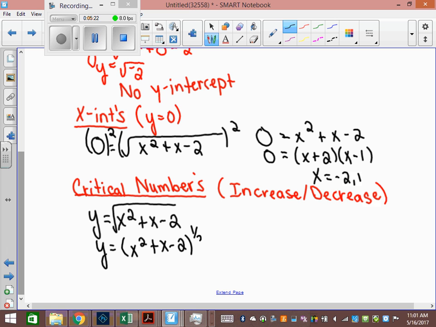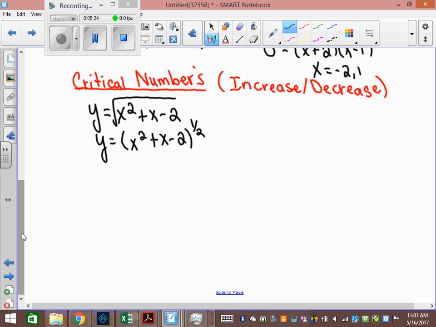Then when we do the derivative of it, what do we have to do? Chain rule. So y prime equals 1/2 times x squared plus x minus 2 to the negative 1/2, and then behind it, you get 2x plus 1.